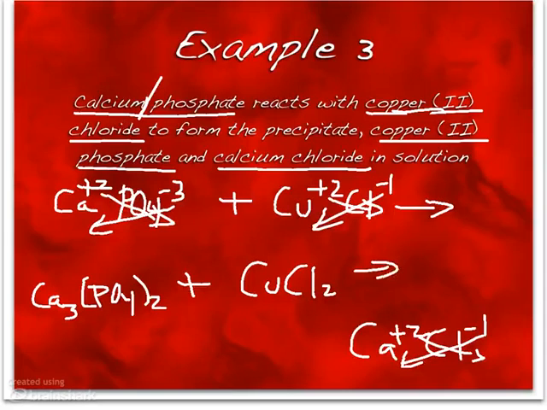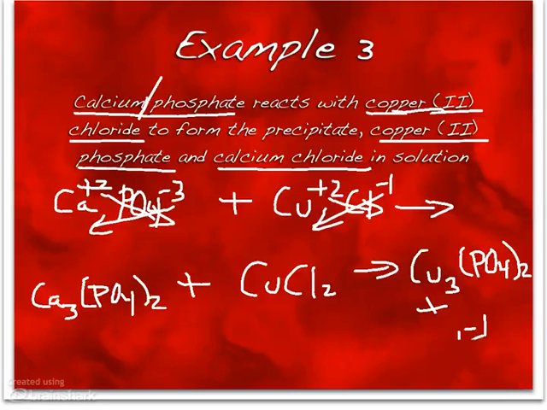Then you'd have the copper 2 phosphate, which would be Cu3, PO4, 2, and then you'd have Ca2Cl, which would end up being CaCl2. Now this looks like it's going to be extremely hard to balance out, but in reality it's already balanced. Actually, no, it's not. I lied. It's almost balanced.